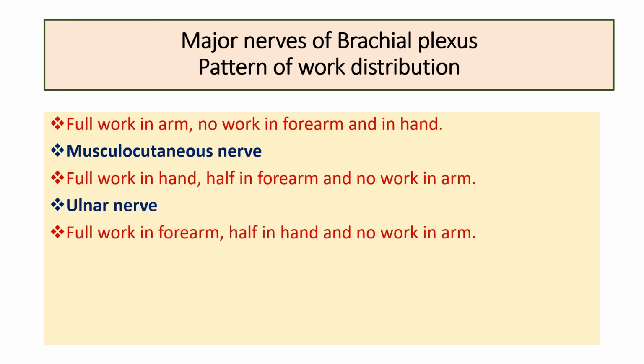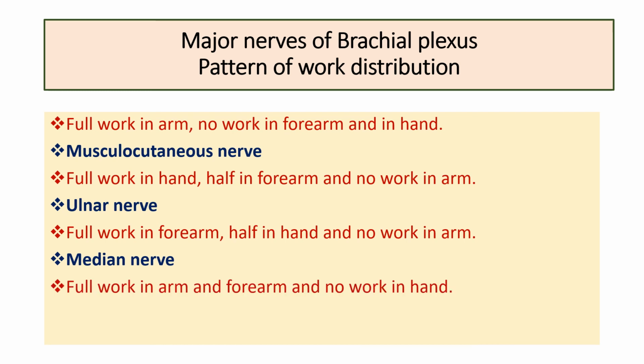Then what is the nerve that has got full work in forearm, half in hand and no work in the arm? That is the median nerve. Then coming to the nerve which has got full work in the arm and forearm and no work in the hand.